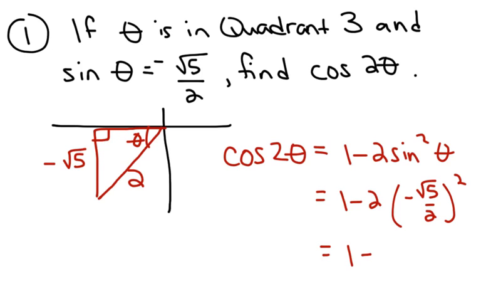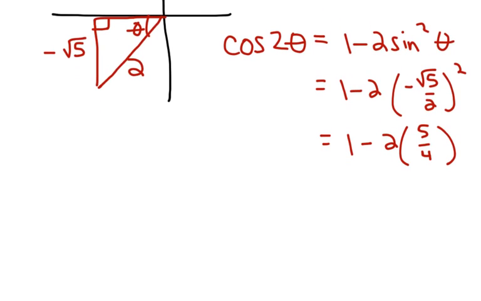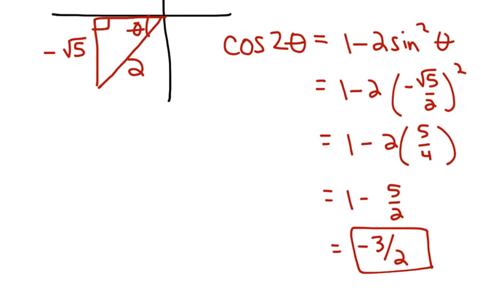Remember, you square a negative, you get a positive, so it's going to be positive 5 over 4. Then I'm going to multiply 2 times 5 over 4, which is 5 over 2. And then 1 minus 5 over 2 is going to be negative 3 over 2. So the cosine of 2 theta is just negative 3 over 2.